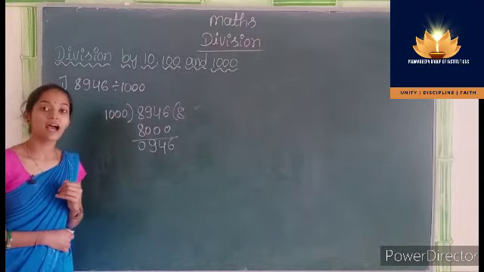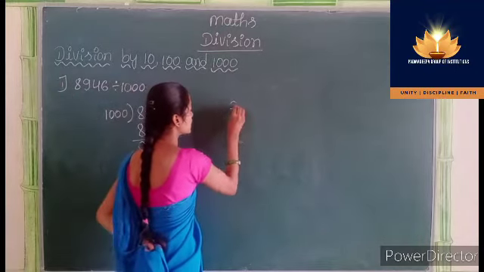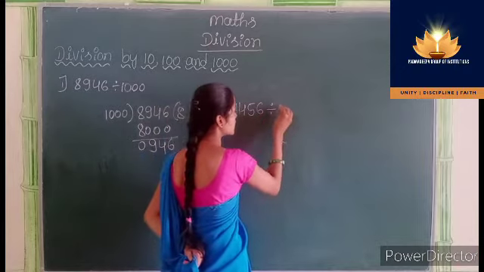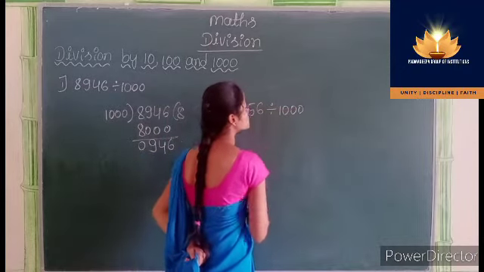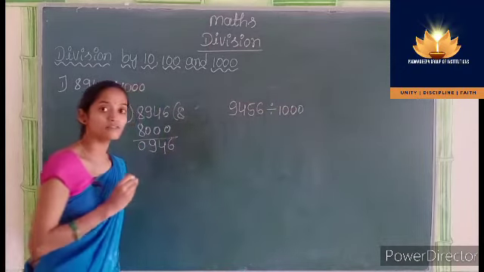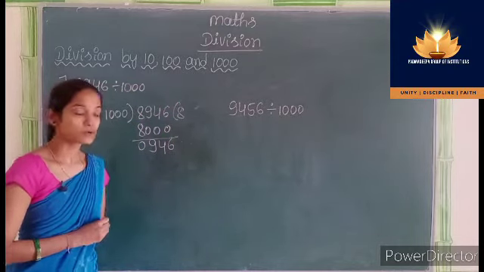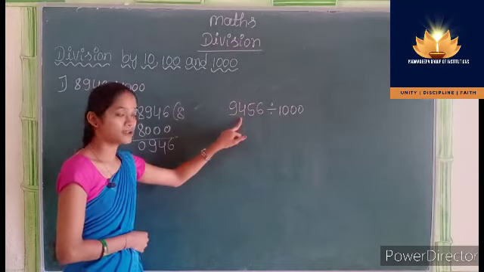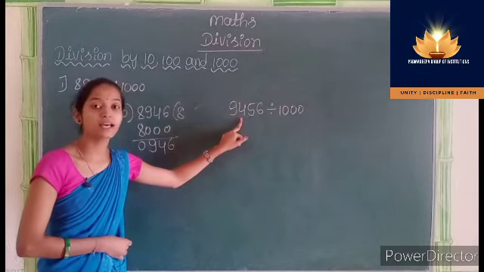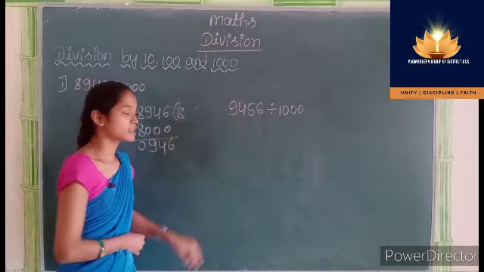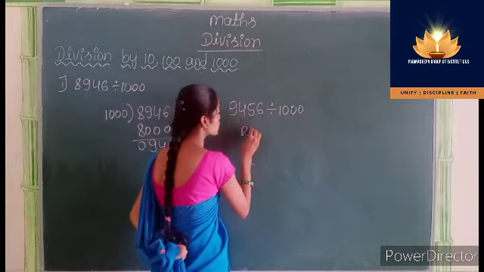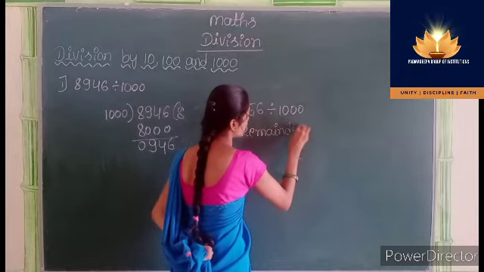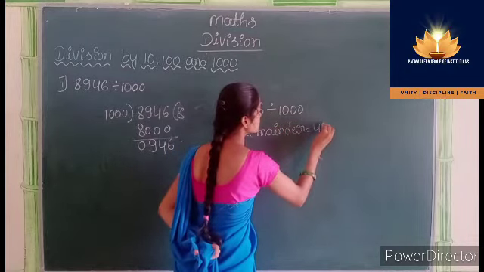So let us see another example, that is 9456 by 1000. So tell me which is remainder and which one is quotient. So the ones place digit, tens place digit and hundreds place digit will form a remainder. Here the remainder is 456.